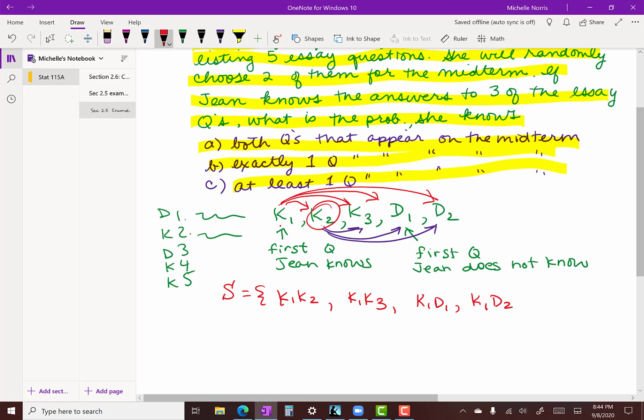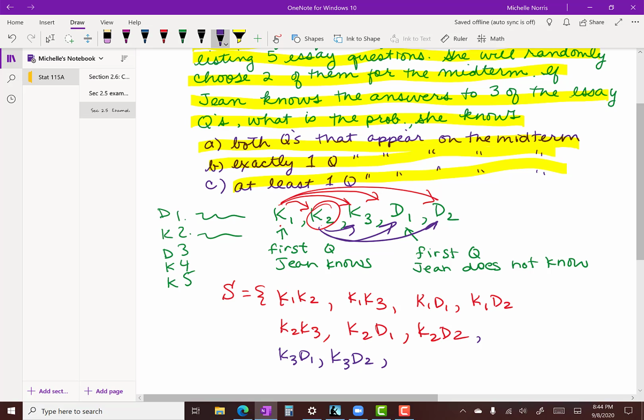So K2, K3, K2, D1, K2, D2. And then the tests that have K3 on them are going to be K3, D1 and K3, D2. And then the very last one is going to be D1, D2.